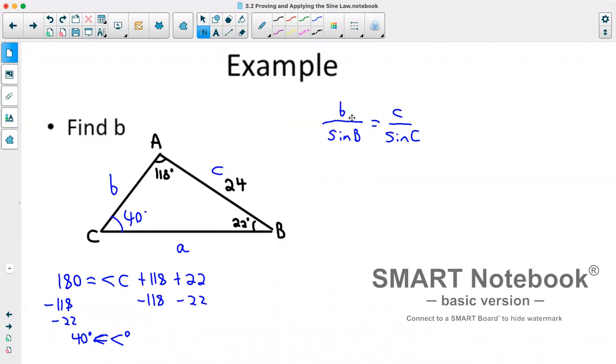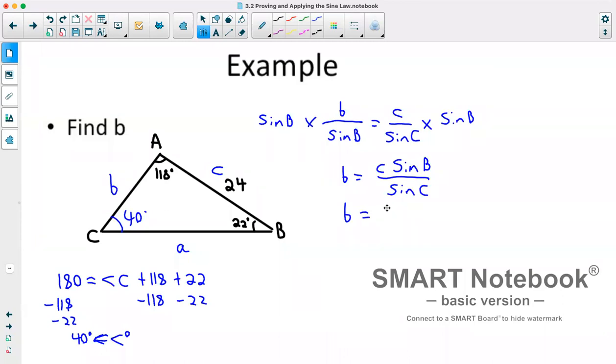Okay, so now that we have that, we'll rearrange this equation to get side length b on its own. To do so, we'll move the sine B to the other side by multiplying both sides by sine of B. So that gives us side length b is equal to side length c times sine of angle B over sine of C. And at this point, substitute our values in.